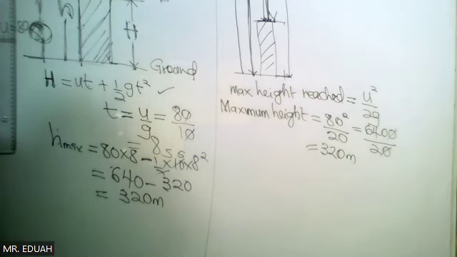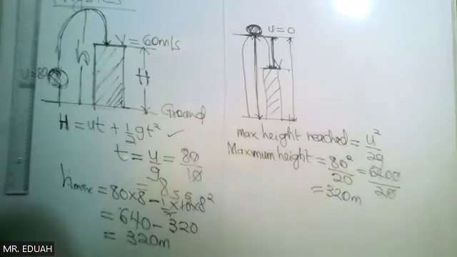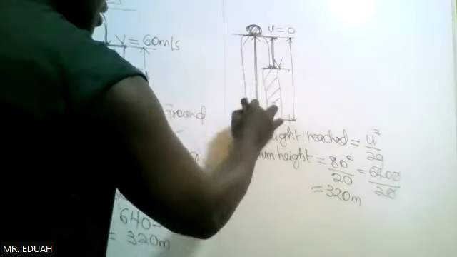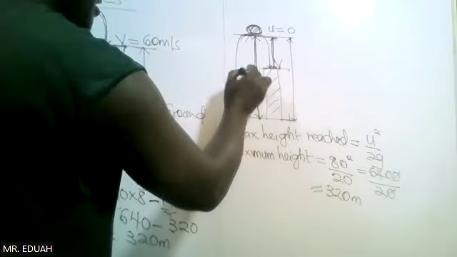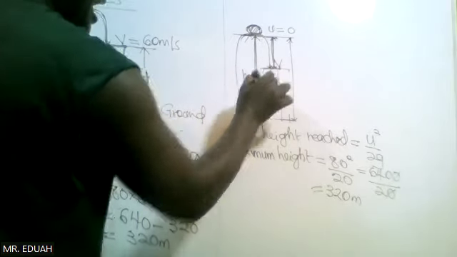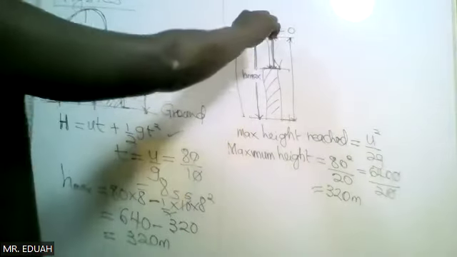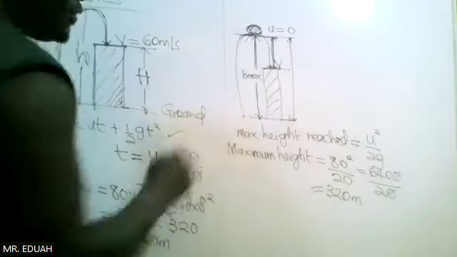Please, is that okay? Yes, please. So that is the H max, maximum height. Now, if H max is here, how do we determine this height when it is falling from the maximum height to the top of the roof?